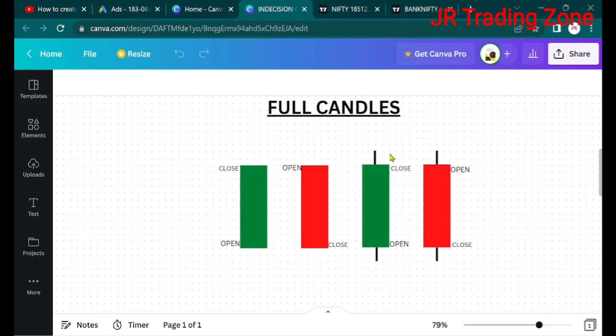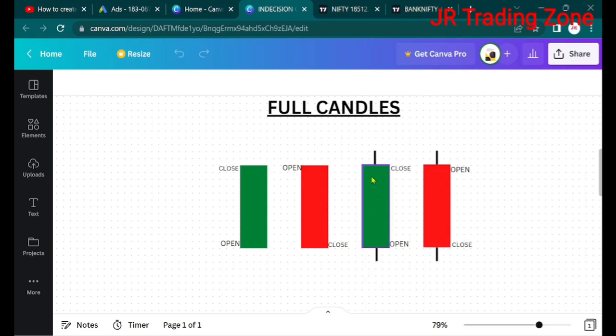These two candles are also similar to those, but you see the open was here and the close is here, with a small wick on the upside and a small wick on the downside. This represents that the price moved up to this range but was not able to close here. The sellers came and dragged it down, and it closed at this level. Here also, it moved down to this level but was not able to sustain there.